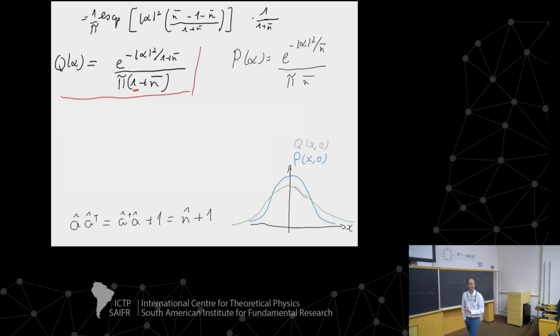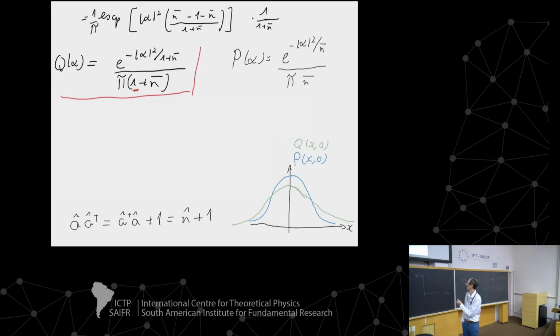So if you have no photons at all, you get a delta function here, the vacuum state. For Q, you have basically a Gaussian with a given width of order 1. So you have a smoothing. You can see the Q function as a sort of smoothing of your P function.